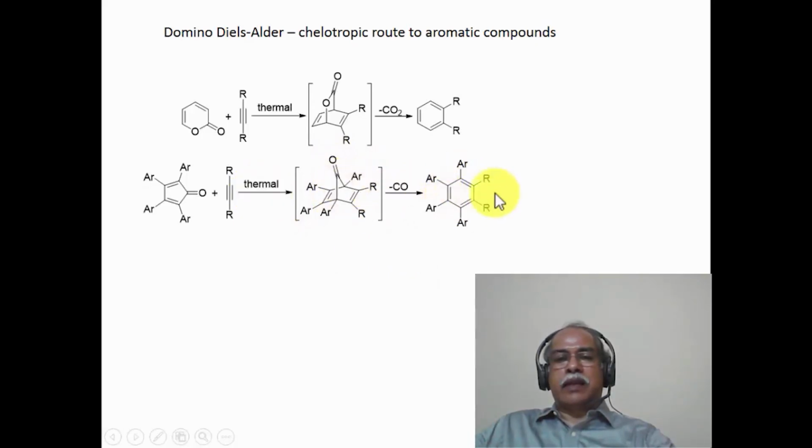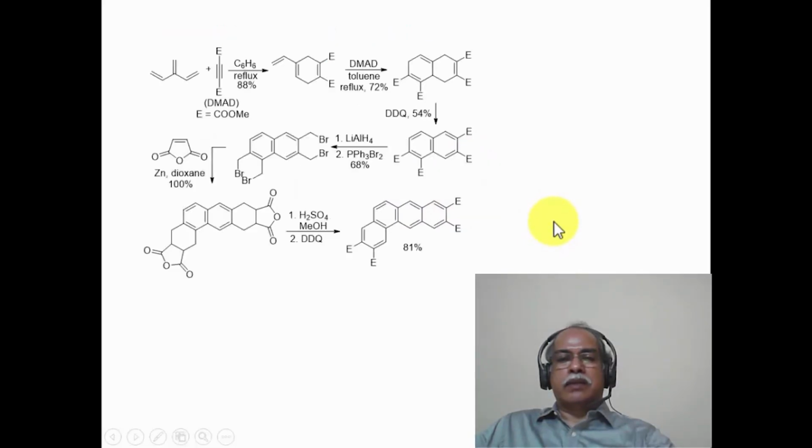The driving force here is again aromatization and the loss of strain because of the elimination of the carbon monoxide molecule. So, it is a cheletropic elimination of carbon monoxide to produce the corresponding hexa-aryl or hexa substituted benzene derivative that can be synthesized using this methodology. We will see some examples of this methodology in a few minutes.